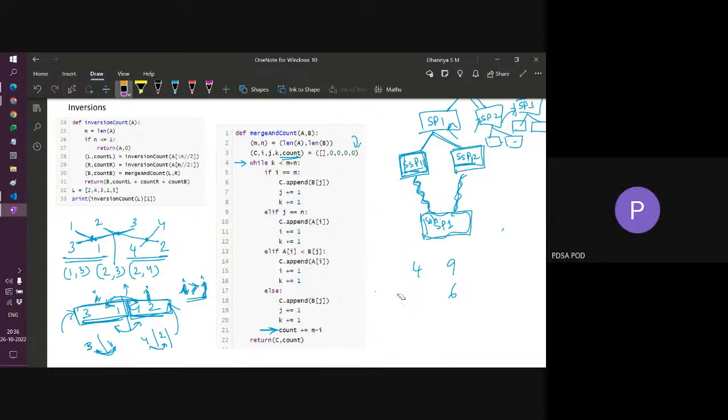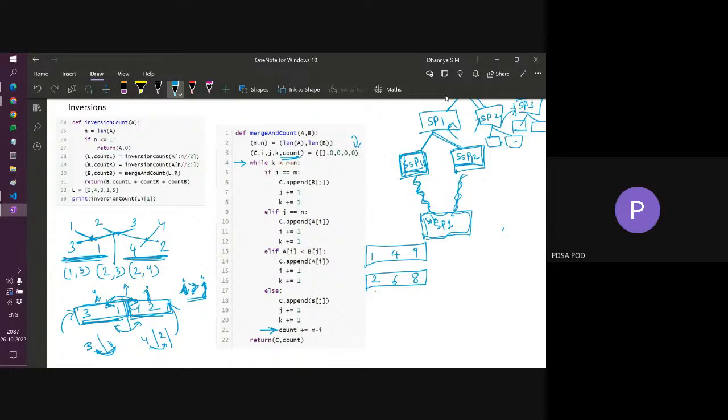I have this. So at some intermediate step, you have these lists: 1, 4, 9, and 2, 6, 8. This is the intermediate list, right?